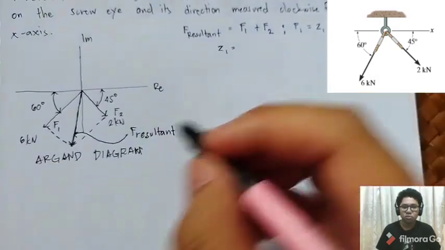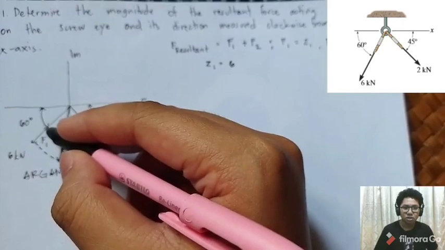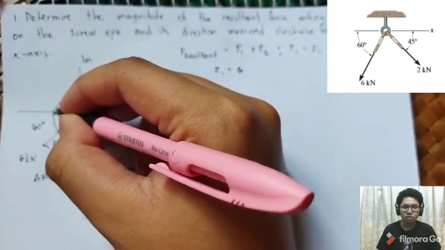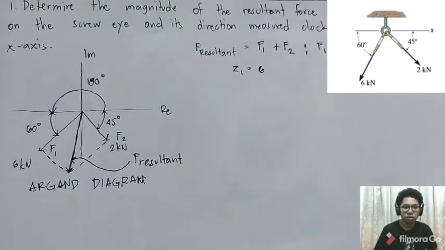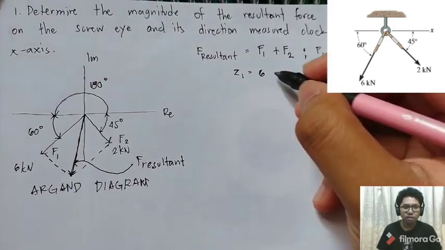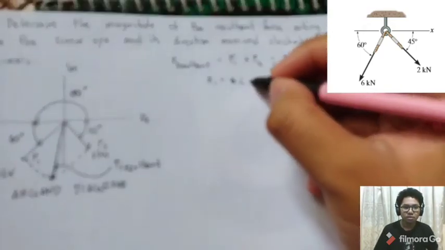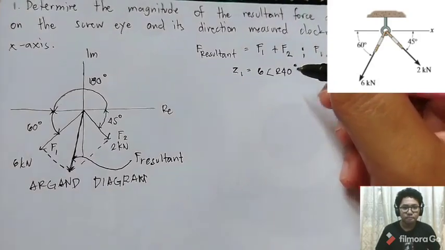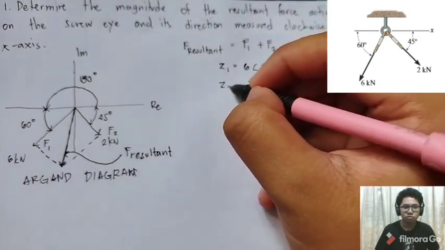Then we can say that our Z1 is just 6 kilonewtons, but we will use an angle from the x-axis that is counterclockwise. So we will add 180 degrees to the 60 to make it 240 degrees, and that is in kilonewtons.